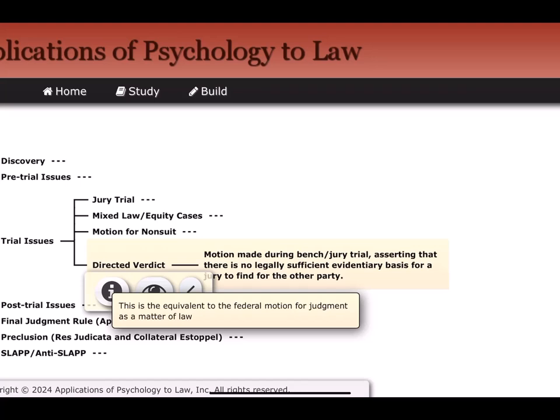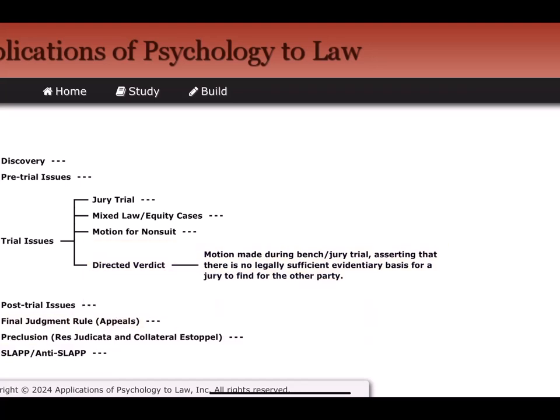It's a motion made during a bench or jury trial asserting that there is no legally sufficient evidentiary basis for a jury to find for the other party. And when there's a motion like this, you always have to worry about whether the timing was appropriate. A motion for directed verdict is made at the close of both parties' evidence. That's what happened here.